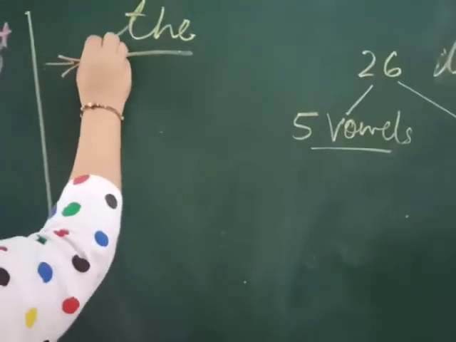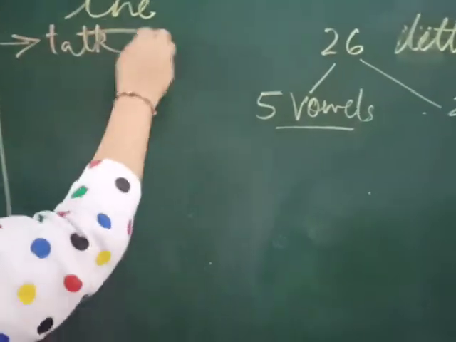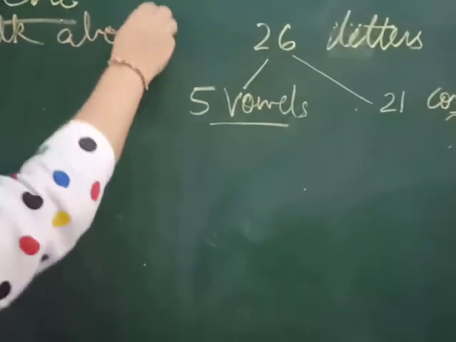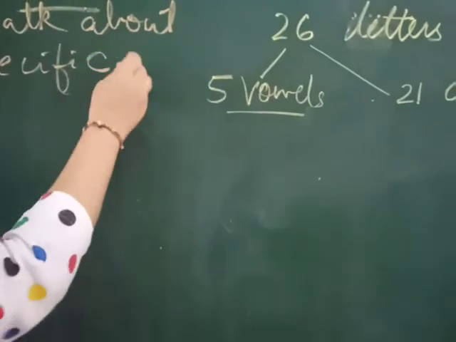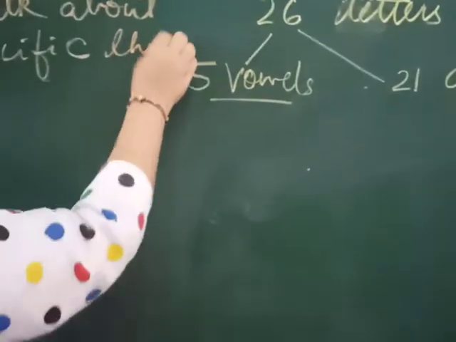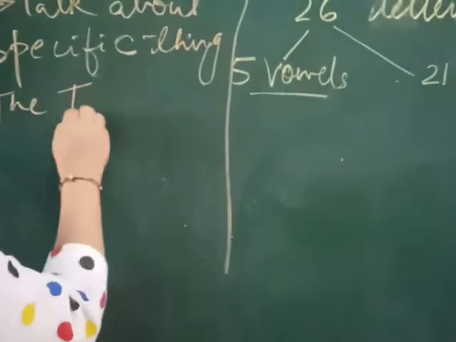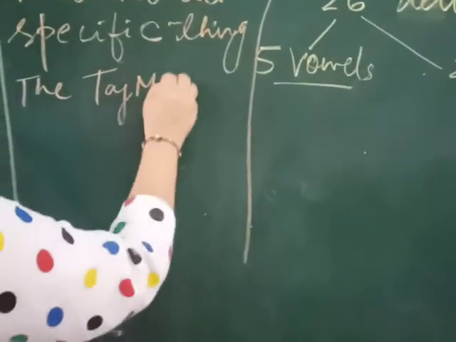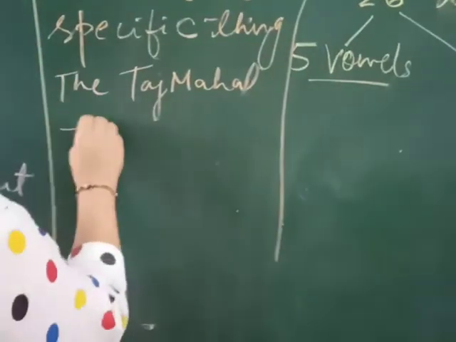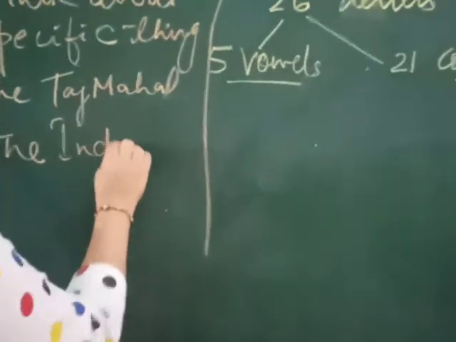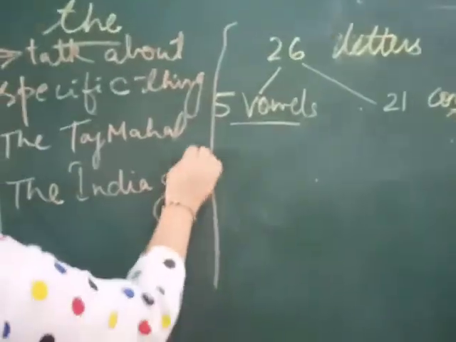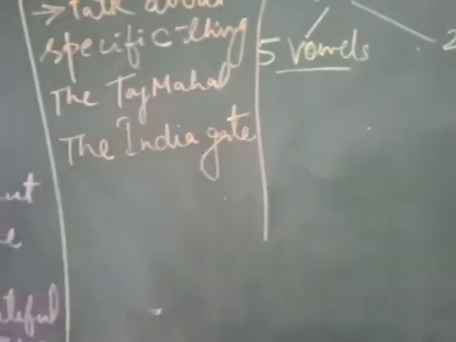So first is when talking about a specific thing. यहाँ पर we talk about general, यहाँ पर talk about a specific thing. That is the Taj Mahal, the India Gate, because these are specific things.